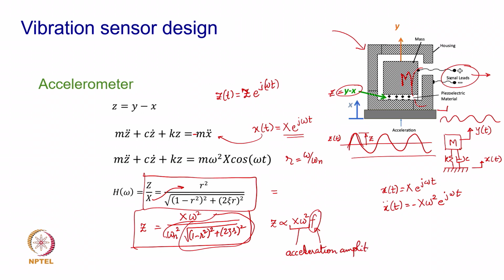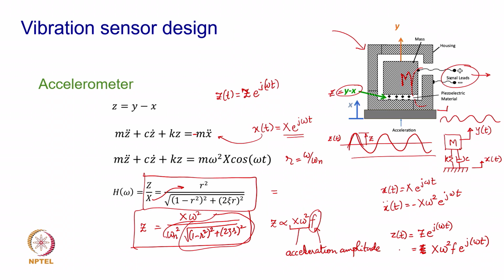Which actually means that z of t is going to be capital Z e to the power j omega t, and then of course there will be a phase, but let us ignore that phase for a while. And capital Z is nothing but X omega square f e to the power j omega t.